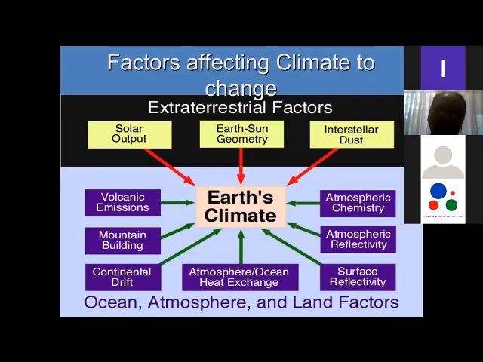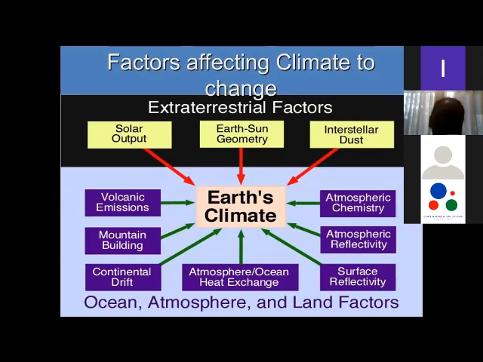Right, now, if you consider the factors affecting the climate, there are external factors and internal factors in the Earth atmosphere system. The external factors are mainly the energy input into the system, mainly from the sun. So, solar output, geometry. If you have dust, then the amount of energy coming into the system will be less, and so on. We cannot do anything about those; they are natural things.